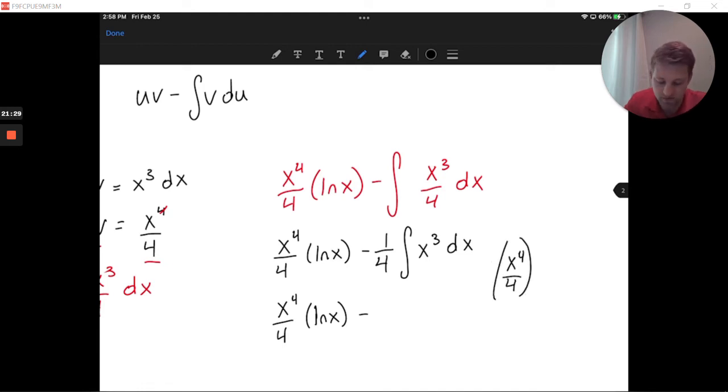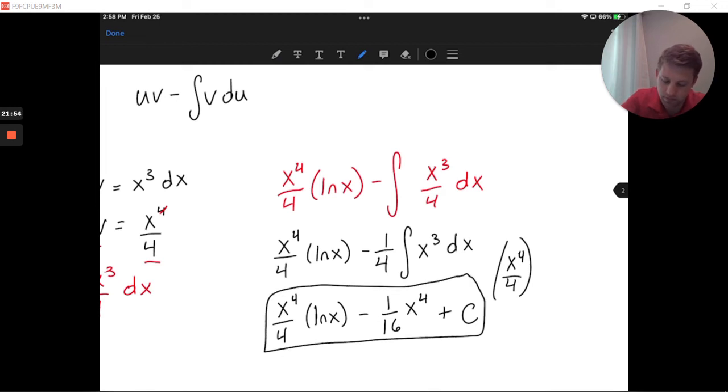So we're really going to have x to the 4th over 4 with that, multiplied by another 4th will end up giving me 1 over 16 times x to the 4th that remains. And then again, we need a plus constant c. And that would complete that antiderivative. There we go. So that's that component there.